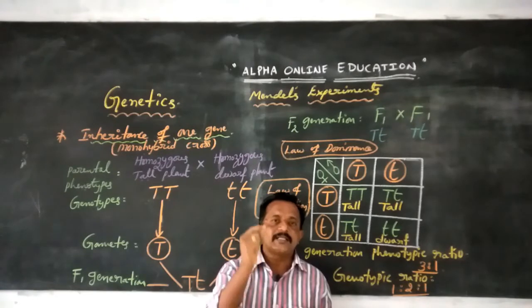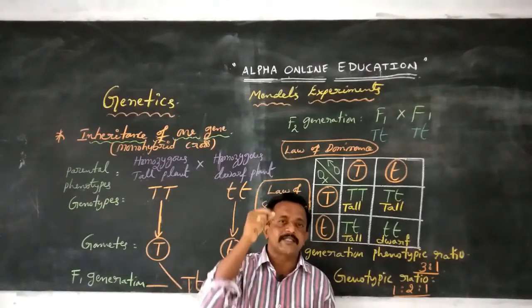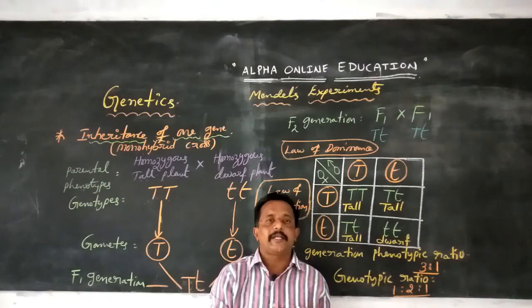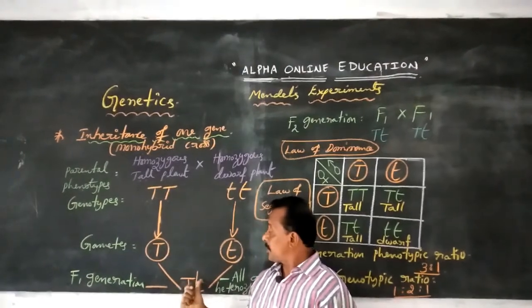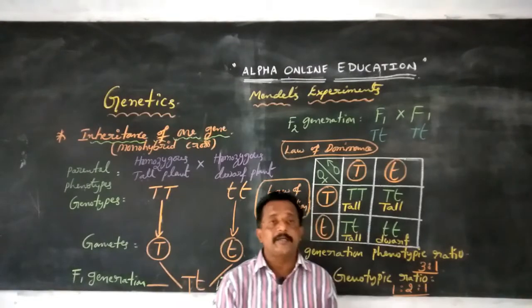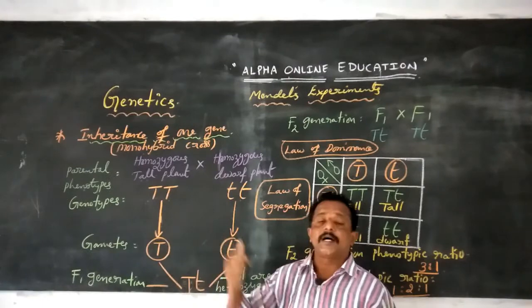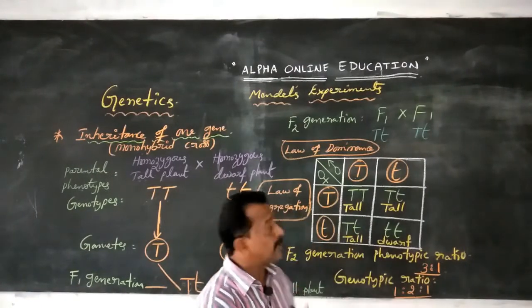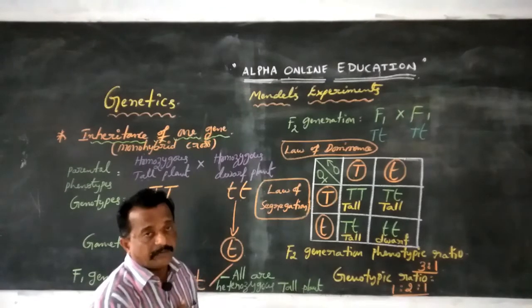Capital T is always dominant over small t, by which small t is always suppressed by capital T. That is the law of dominance. Next we are going to the second generation, or F2 generation.